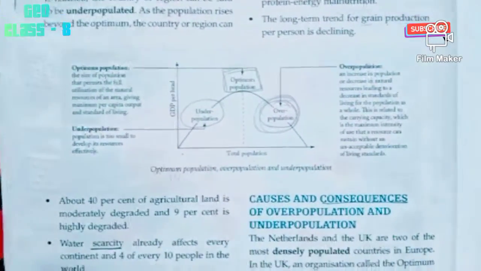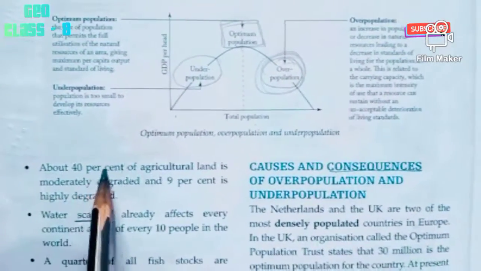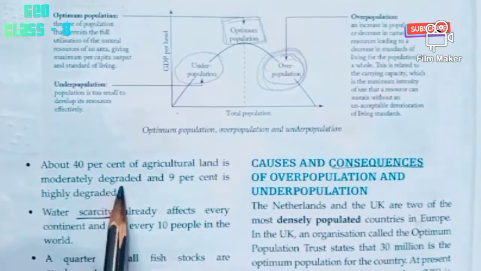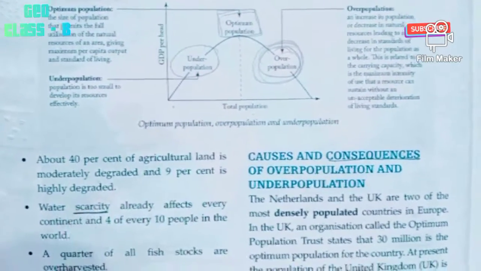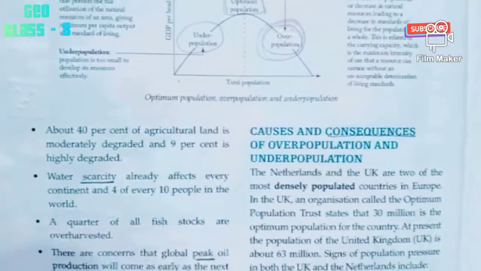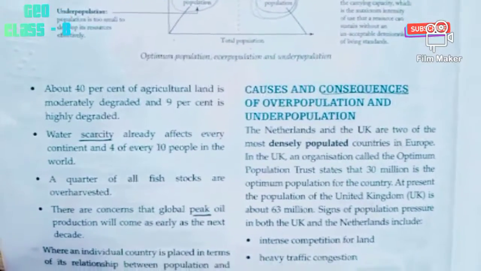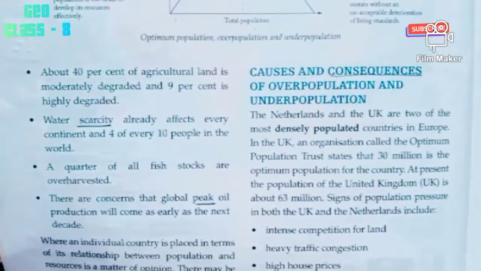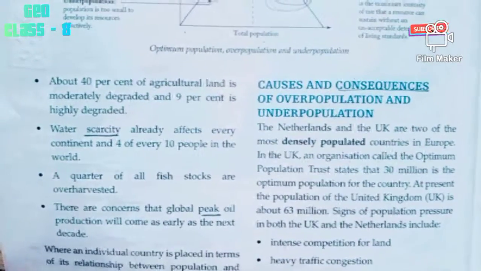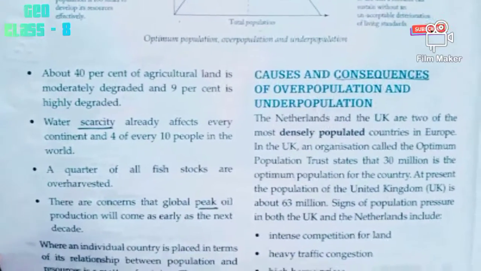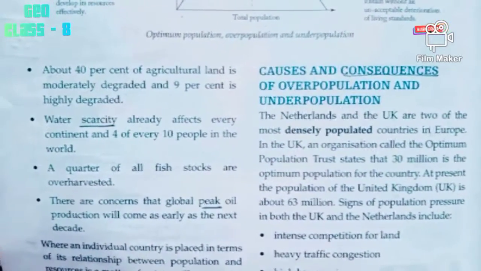Next concepts we can have. About 40% of the agriculture land is moderately degraded and 9% is highly degraded. The land which is used for agriculture now is being converted into bad land, being transformed for industries and for habitation.